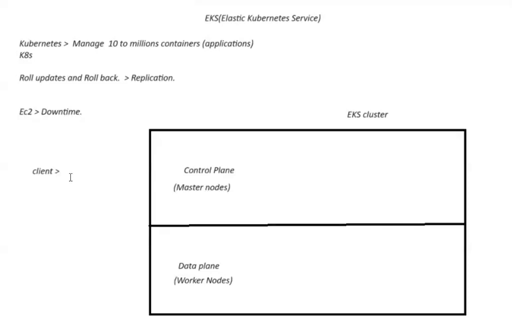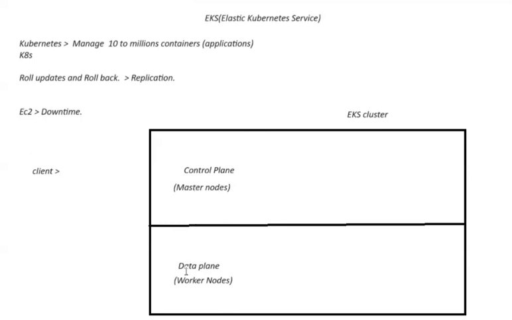I'd like to provide one more example so that you can understand this better. Let's say a client is sitting in a chair. He wants to listen to music produced by a musician who is present in the data plane. The master nodes control which musician will play for how much time and at what frequency.